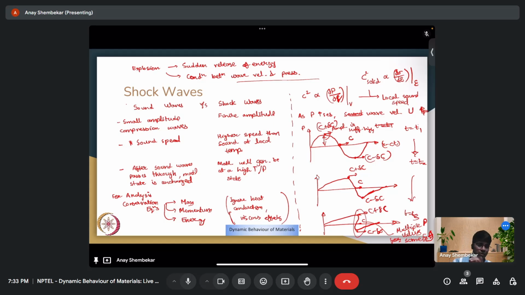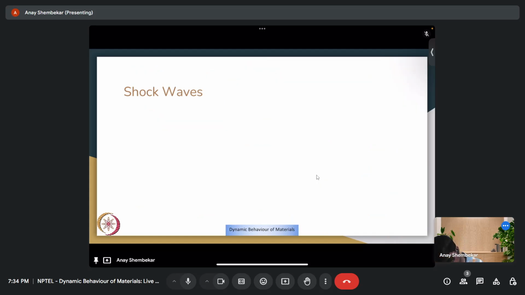It may change with time, or it may even change as you move around in the material, like with x, but at a given x and at a given t, you should always have only one pressure value.